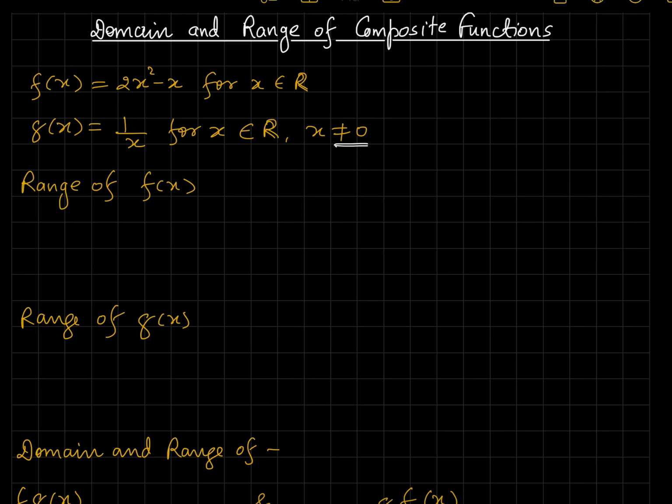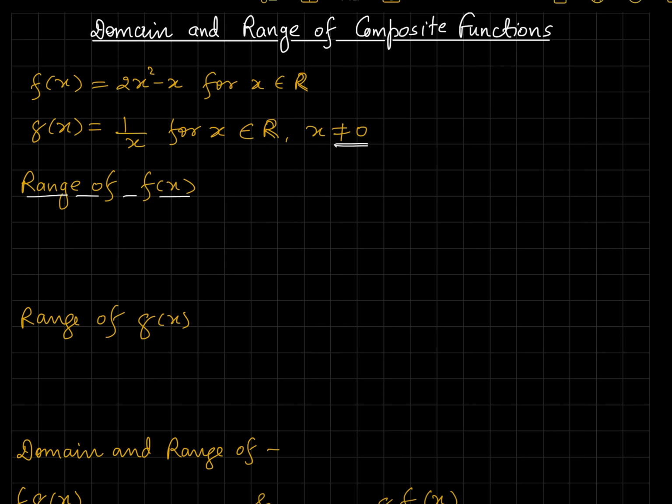Now see, this is 2x squared minus x, a parabola. So let us do that by the completing the square method.